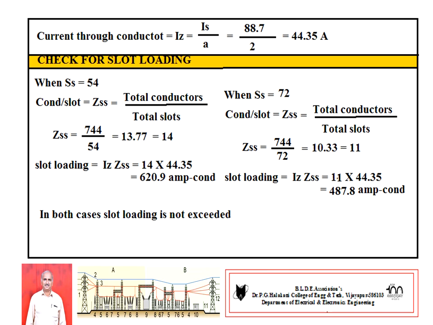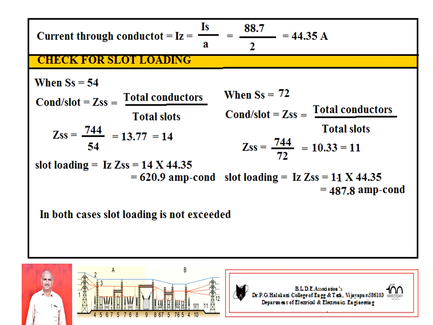First one, when SS equals 54, calculate the conductors per slot. Conductors per slot equals total conductors divided by total slots. We are going to get around 14. Hence, slot loading should be equal to Iz into Zss. So we are going to get around 20.9 ampere conductors.